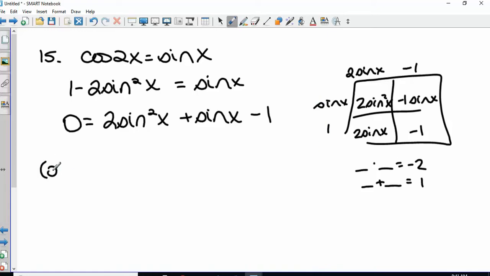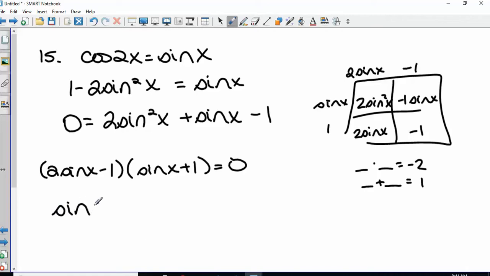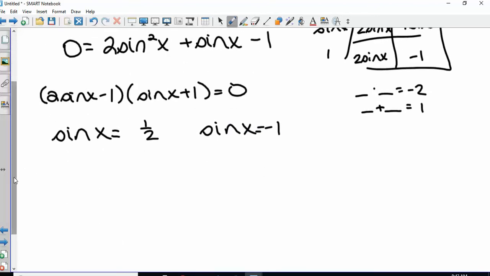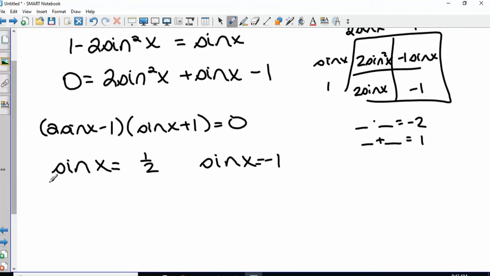So this factors into 2 sine x minus 1 and sine x plus 1. Two things multiply that equal 0, so you set each of those equal to 0. So we get sine to be a +1/2 or a -1.